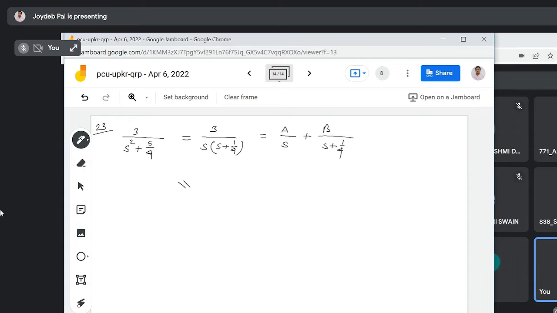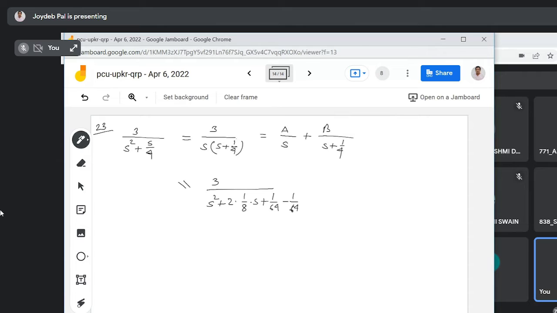Another way is that you represent the denominator in whole square form. So 3 by s square plus 2 into 1 by 8 into s plus 1 by 64 minus 1 by 64.